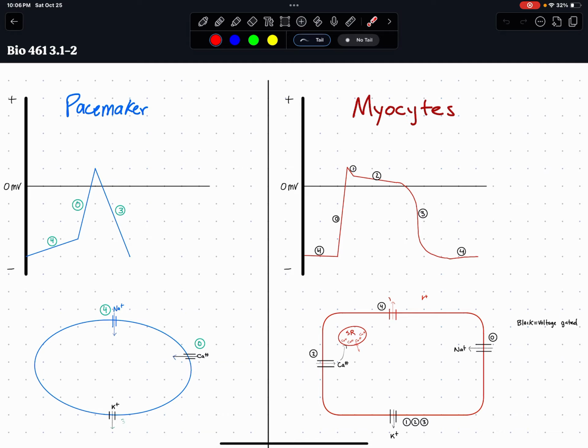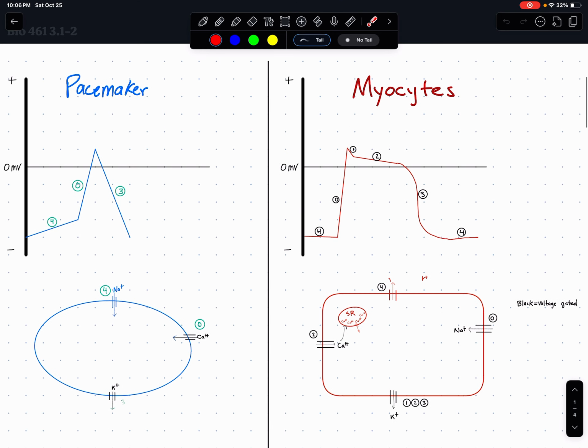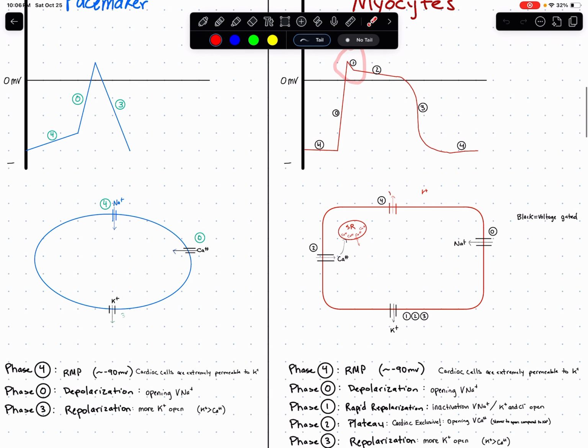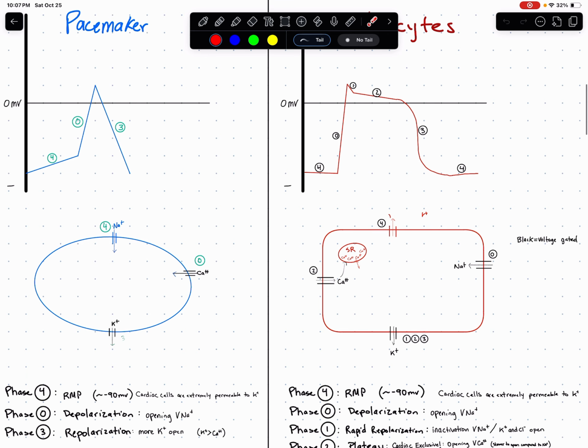Why this is so much different is because in cardiac cells, they have calcium. We open voltage-gated calcium channels. They're a lot slower than the sodium. And these guys make this little plateau. The goal is to fill up the cell with calcium so we can do a contraction. Muscles need calcium to do contractions. So we set this little plateau, but eventually repolarization by potassium just overwhelms it. And we go back, and then boom, we're right back to 4.